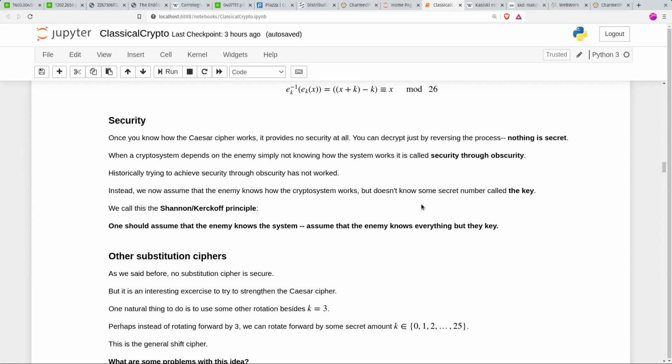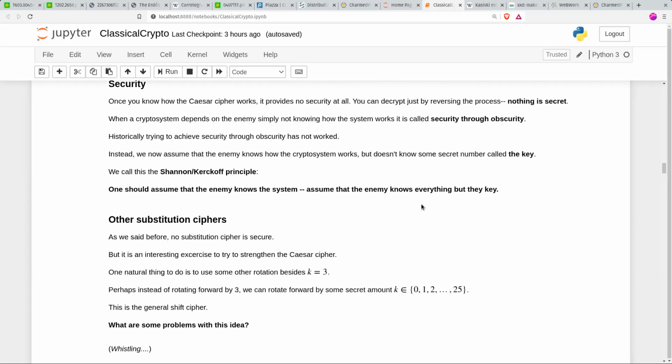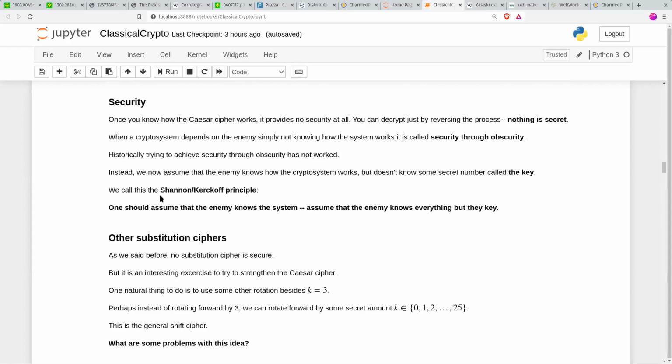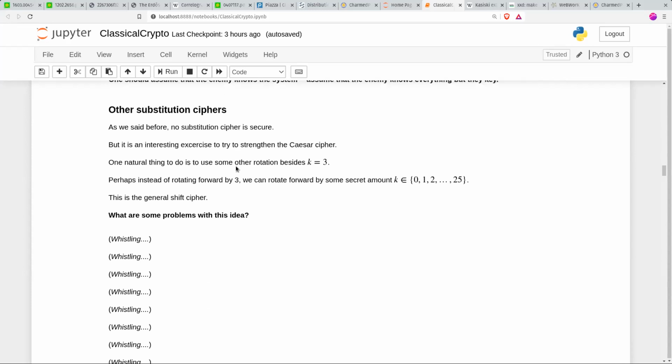And practice has shown that this is the best way to construct a cryptographic system, because cryptographic systems have to have users. So if you have 10,000 users, what are the chances that nobody is a spy who is just going to reveal how the system works?